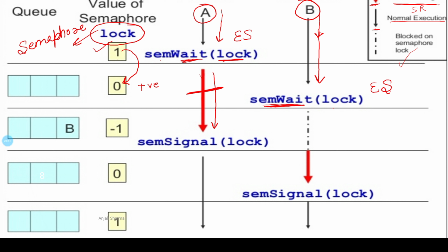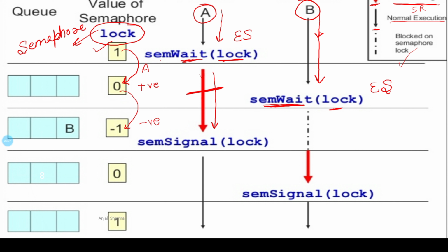For this permission, the process performs wait, that means the decrement operation on lock. Here you can see the value of lock is 0, as performed by process A, and now process B performed another decrement operation on the lock variable, and now this value becomes negative.